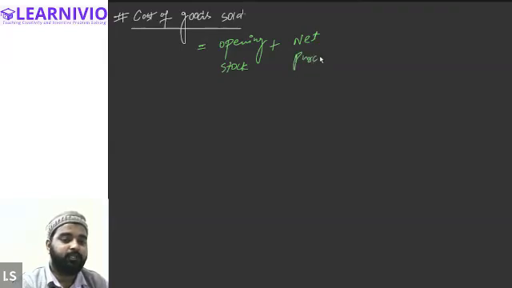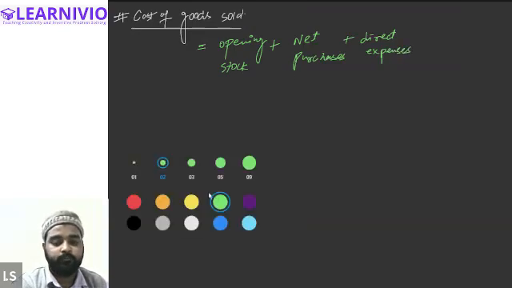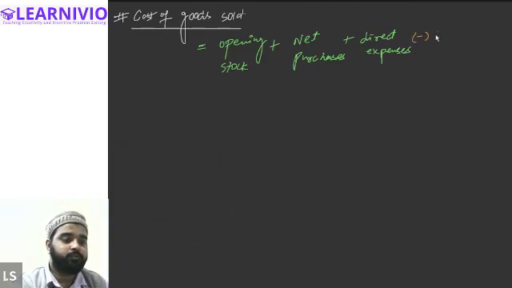Net purchases basically means the value of purchases after adjusting the purchase return. Then we will also add all the direct expenses. And then we will reduce the value of the closing stock. So this is how we calculate the cost of goods sold.